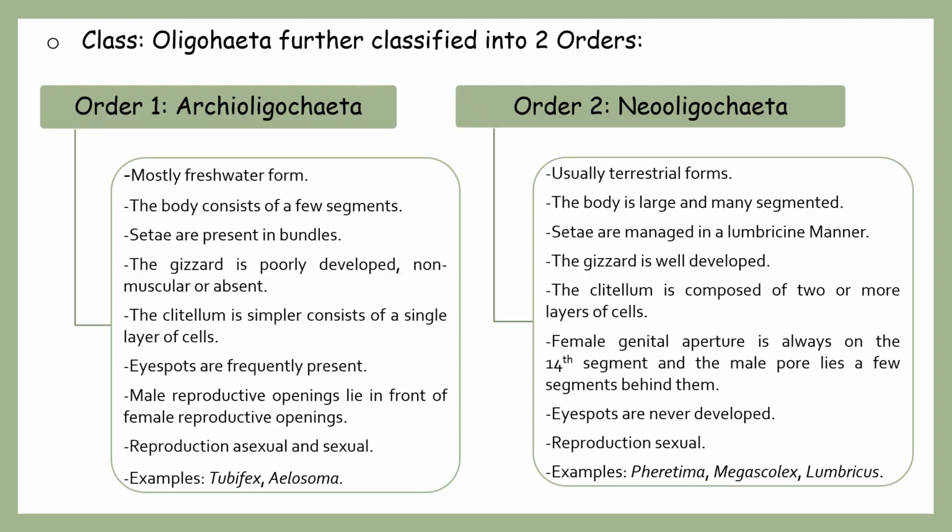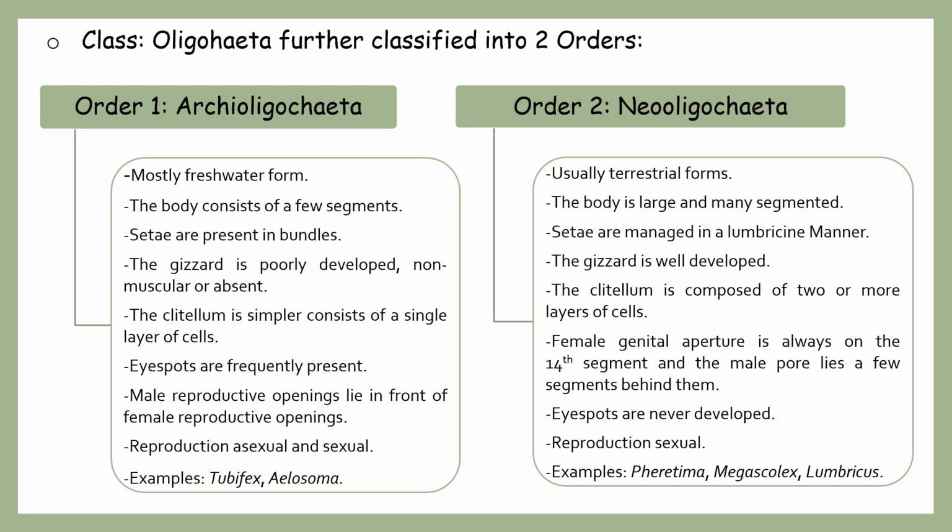This class Oligochaeta is further divided into two orders: Archioligochaeta and the second order Neoligochaeta. In Archioligochaeta, most are freshwater forms. The body consists of few segments, setae are present in bundles, the gizzard is very poorly developed, and the clitellum is very simple.